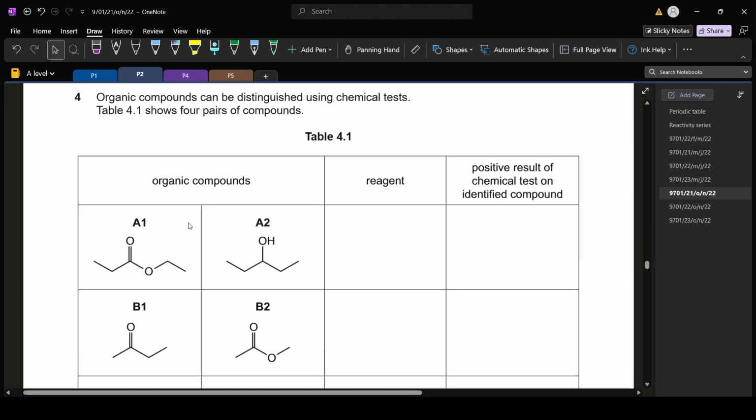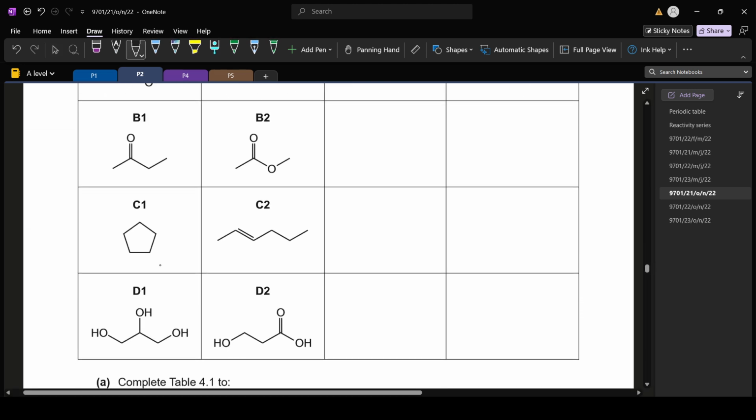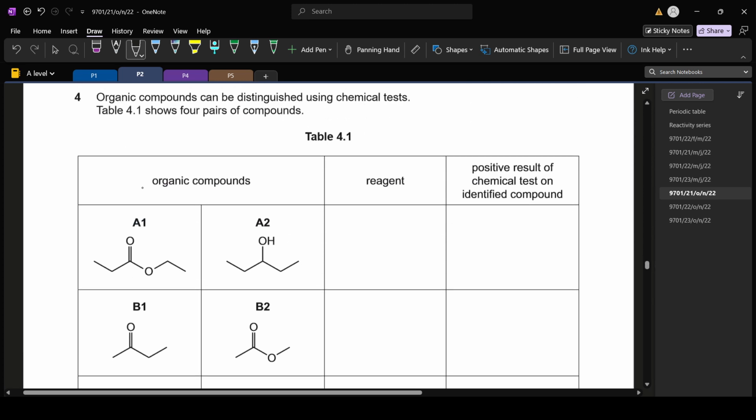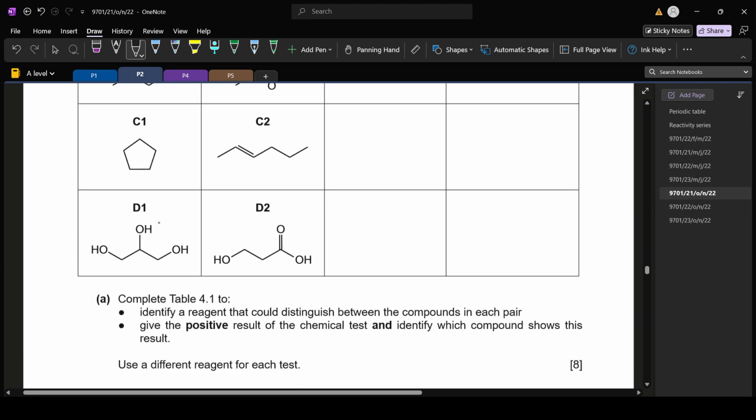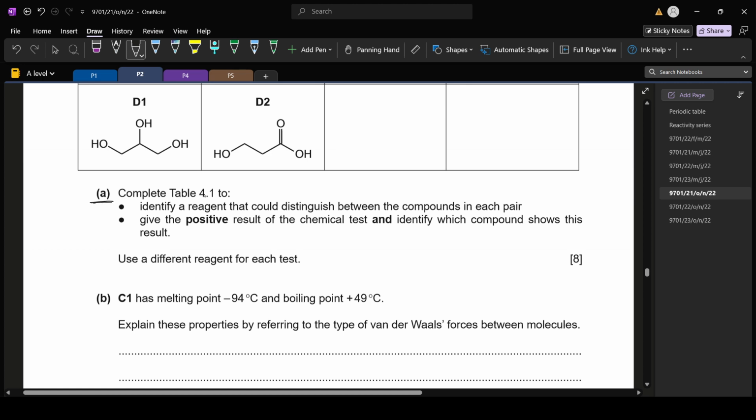Moving towards question number 4. Organic compounds can be distinguished using chemical tests. Table 4.1 shows 4 pairs of compounds. Complete table 4.1 to identify a reagent that could distinguish between the compounds in each pair.